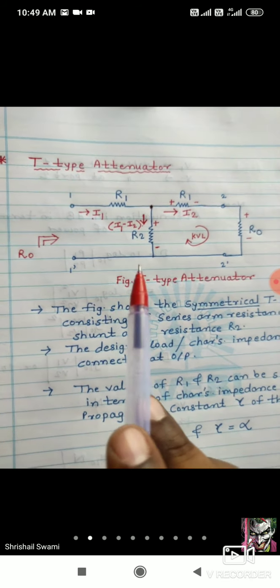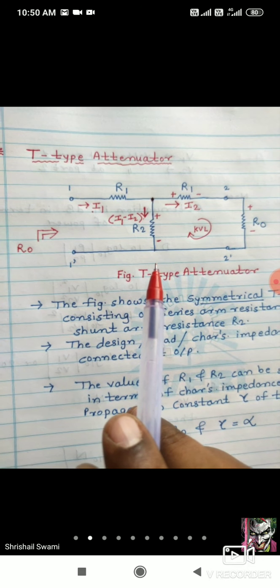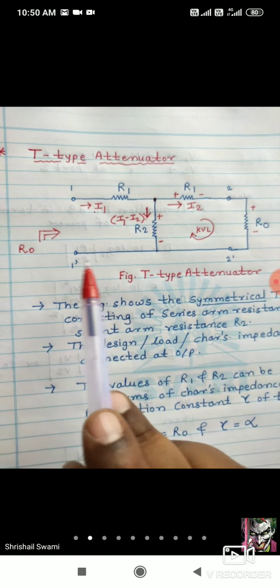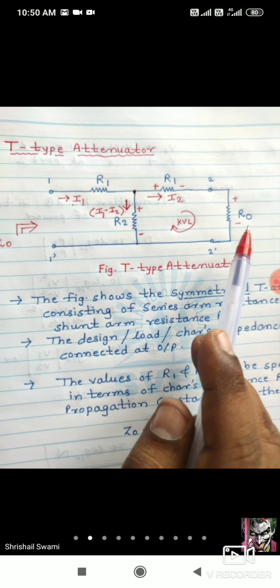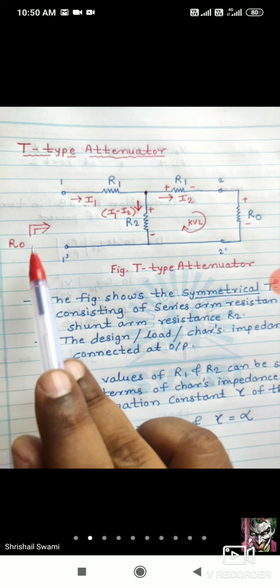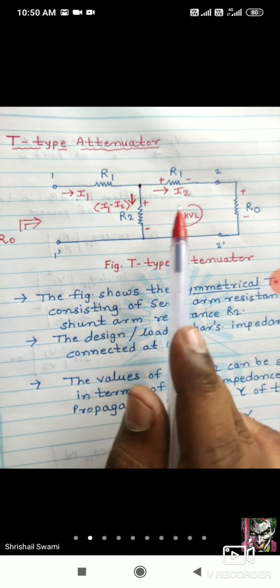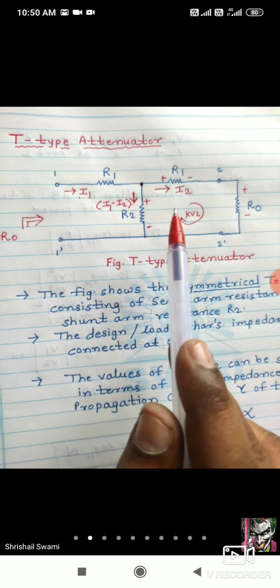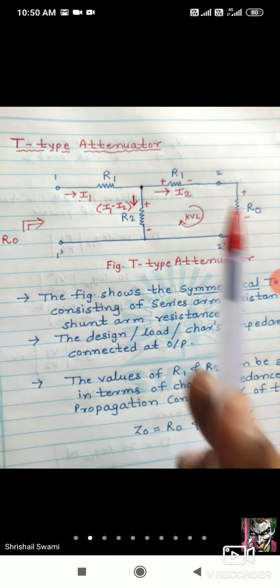So already we have seen in the filter network type, at the start before starting the constant K type. Here also Z0, here also Z0. Okay, now Z0 is replaced by R0. So this will give the total impedance, and KVL will give the relation of current and R1, R2.